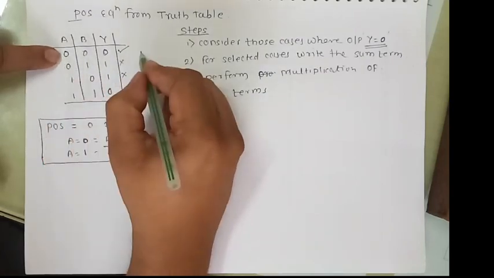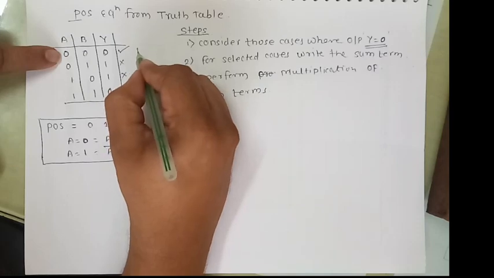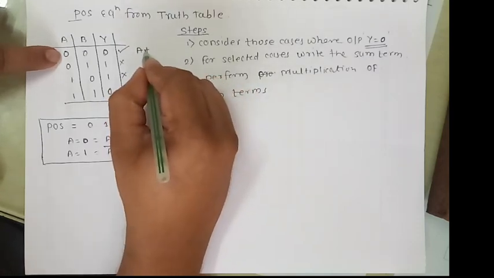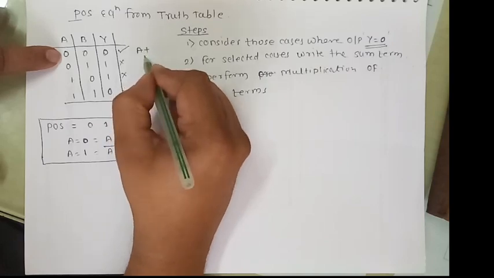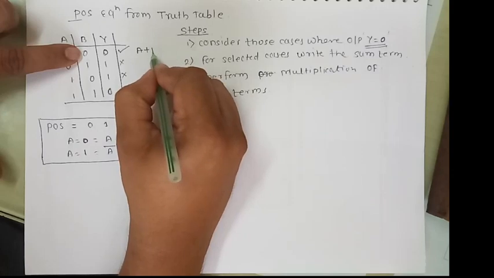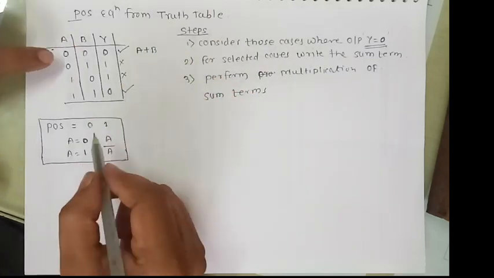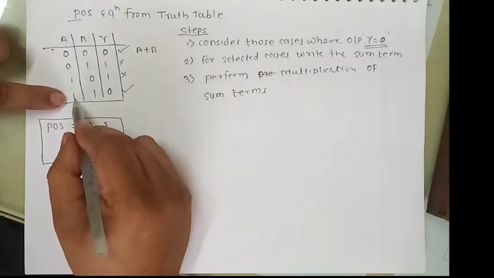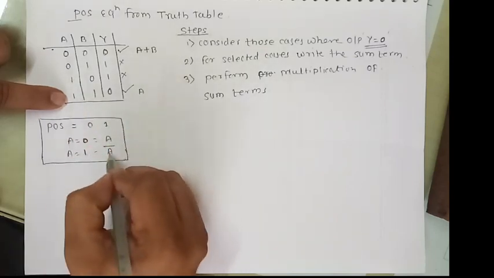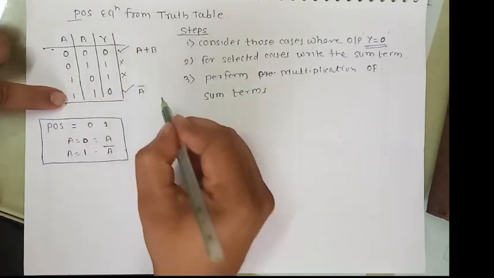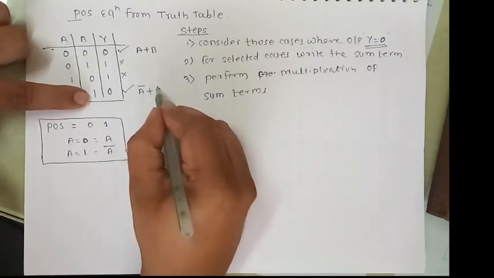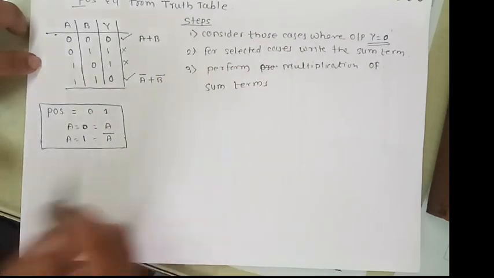So here A is 0 means what? The value is A only, plus, as sum terms we have to write. So here we have taken the plus sign. A plus, the value of B is also 0, so it is B only. After that, the final value is 1 1. A is 1 means here 1 indicates complement, A bar, plus B is also equal to 1, so it is B bar.